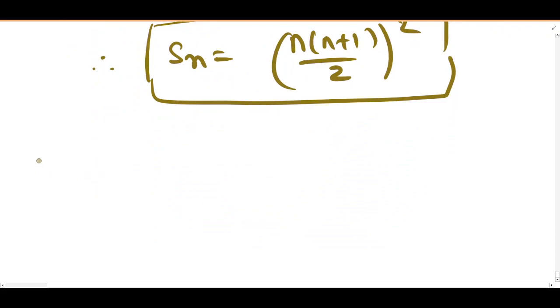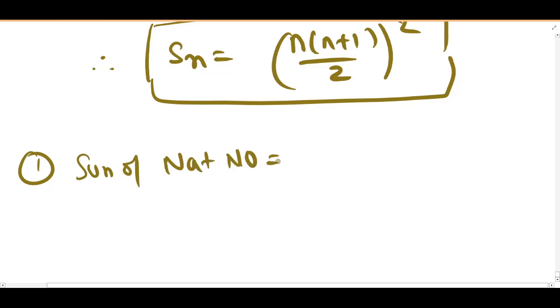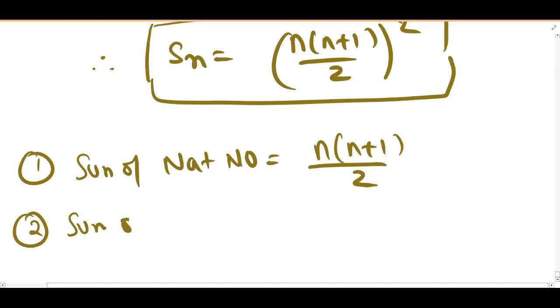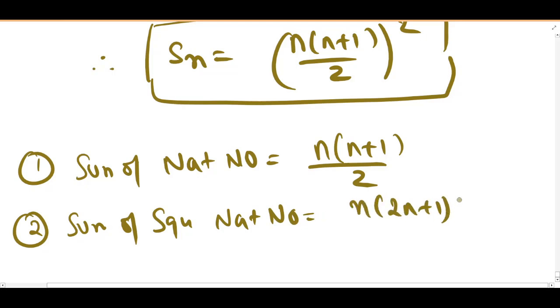So we can write: the sum of natural numbers is equal to n(n+1)/2. Second, the sum of square of natural numbers is equal to n(n+1)(2n+1) divided by 6.